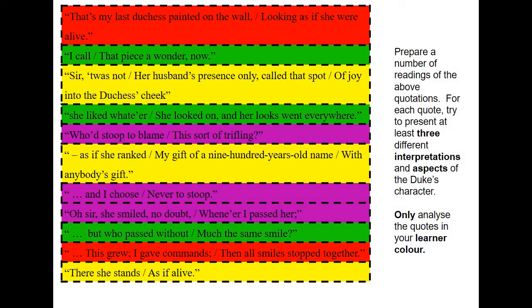And then you could either do 3 bullet points underneath, or you could do your interpretations in a quote explosion around it, or you could write it out 3 different times with a different interpretation. It's your choice, okay? I don't mind how that's presented as long as it's clear 3 different interpretations, or possibly 2 different ones for my reds, okay? So pause it now. I'm going to go on to the next slide.